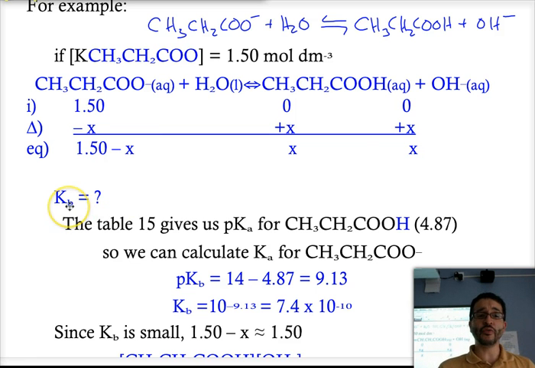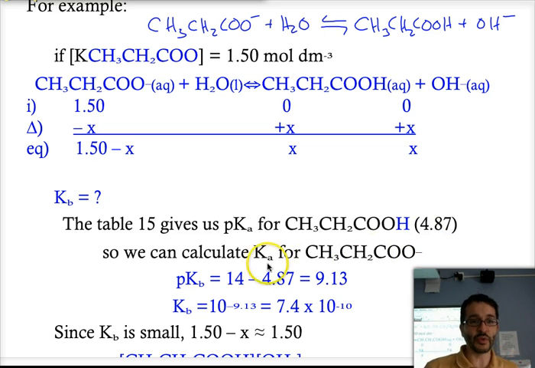Now, what is the value of pKb for propanoate? If you look at it in here, you cannot find it again, but you can find the value of pKa for propanoic acid, which is 4.87, and from that we can calculate the value of pKb.